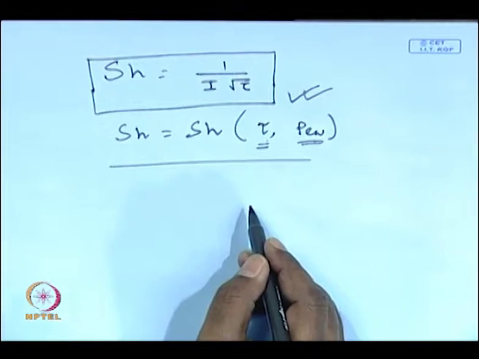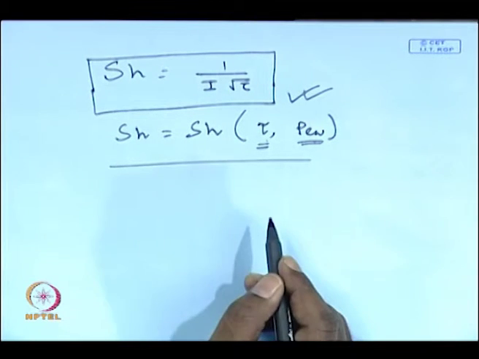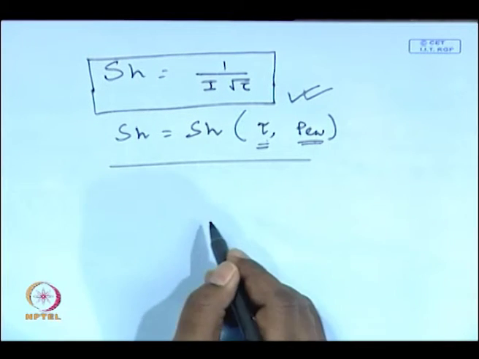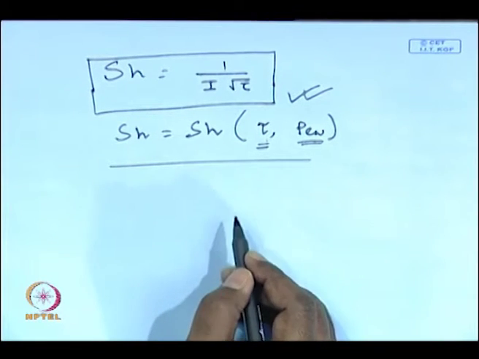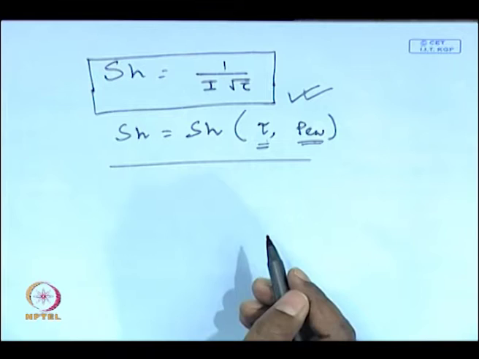So, this may be of interest to chemical engineers to design a system efficiently. Okay. So, that completes the modeling part and calculation part of the osmotic pressure controlled unstirred batch cell.